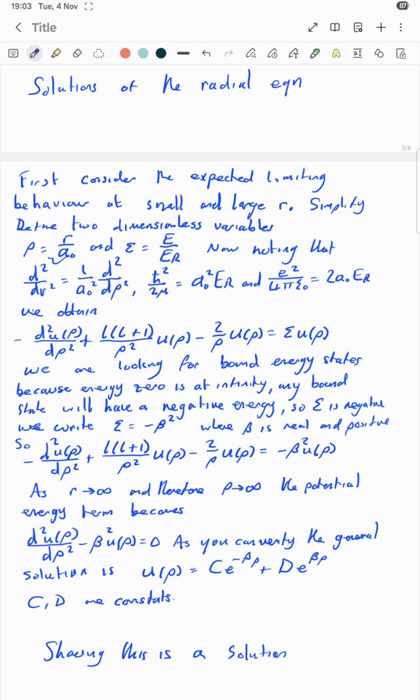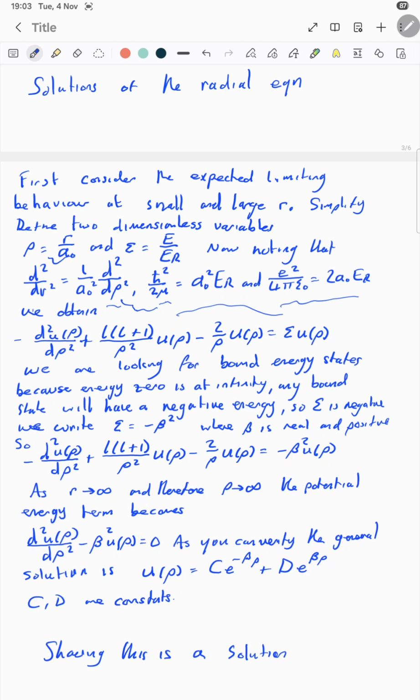But anyway, now we note that d squared over dr squared equals 1 over the Bohr radius squared times d squared over d rho squared, and h bar squared over 2 mu equals the Bohr radius squared multiplied by the Rydberg energy. And here is our Coulomb potential without the r term, and so we obtain this equation here.